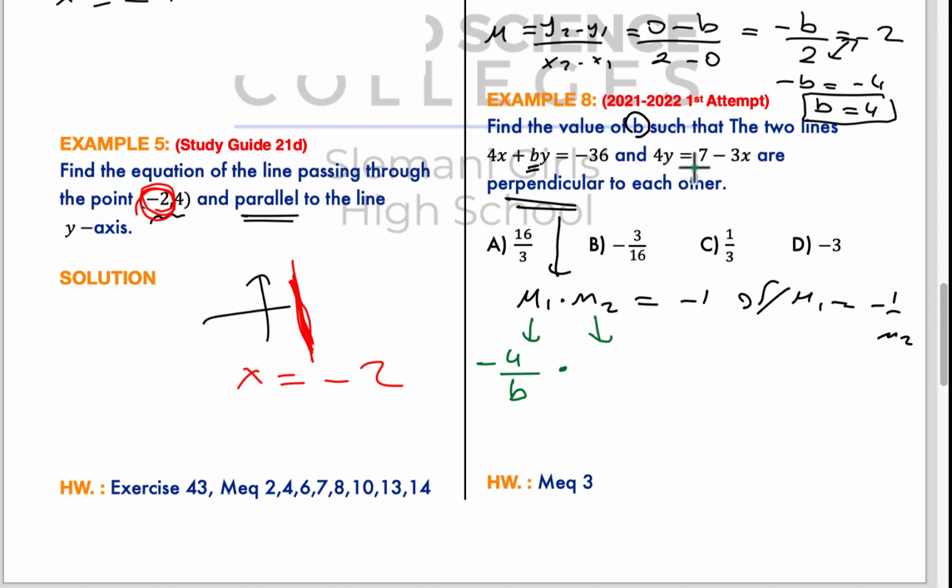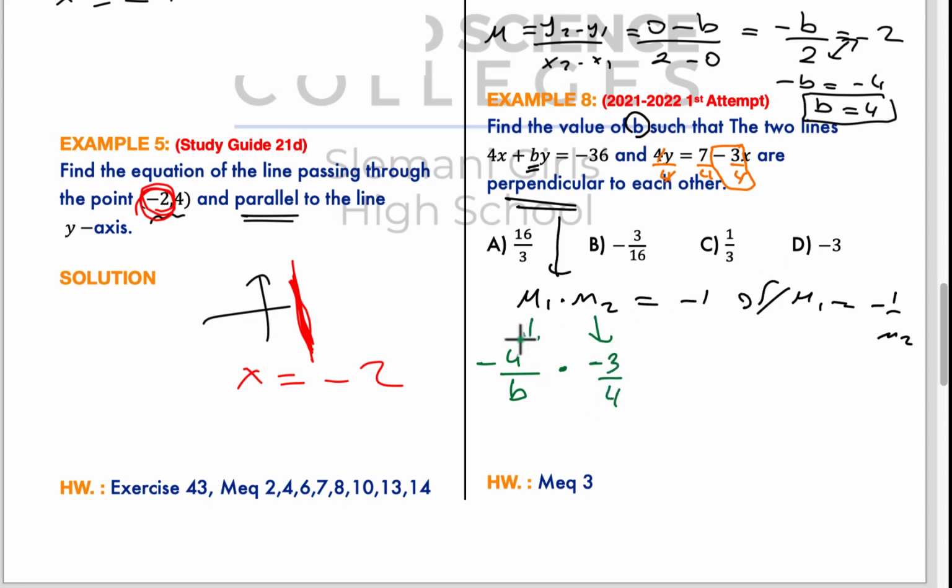X and y are not together, so I can't use this idea. I either get x to the other side, in front, besides y, or I isolate y. It doesn't matter which way to use, it's up to you. Let me isolate y here by dividing everything by 4. Now y is alone. The coefficient of x is negative 3 over 4, which will be my slope.